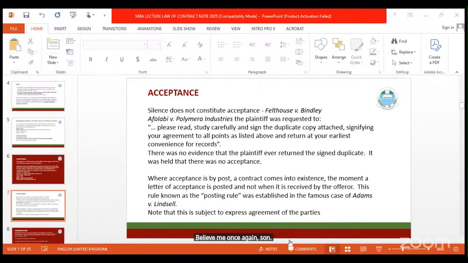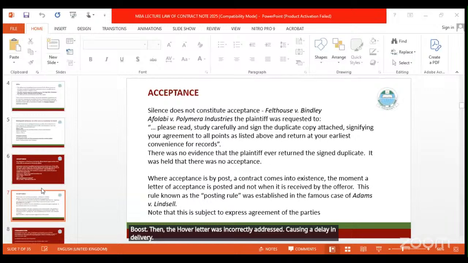Good evening. The summary of the facts in the case of Adams and Lindsay: Lindsay offered to sell wool to Adams by post. Then the offer letter was incorrectly addressed, causing a delay in delivery.